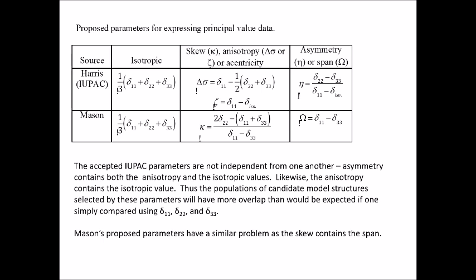And so you would expect that they wouldn't select as cleanly or as accurately as the individual principal values themselves. Joan Mason's proposed parameters have a similar problem because the skew contains the span. So if you want to do analysis of structure using shift tensor data, I think using the principal values or those parameters derived by Michael Mehring or David Grant may have some advantages. Thanks for listening.